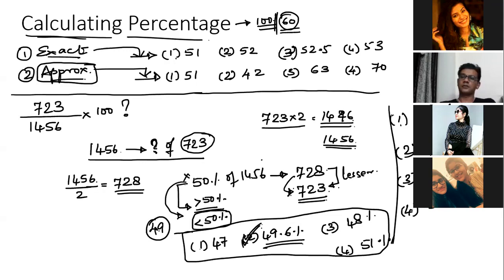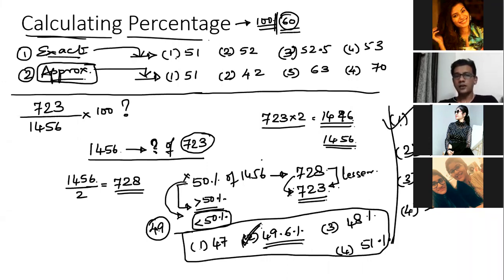Now tell me guys, what would be your answer? Now it's easy for us to pick, right? Since the value that I'm looking into is not such a huge number, 43.5 cannot be the answer. And since I'm looking at a value which is less than 50, these two also cannot be my answer. So the only option is this.